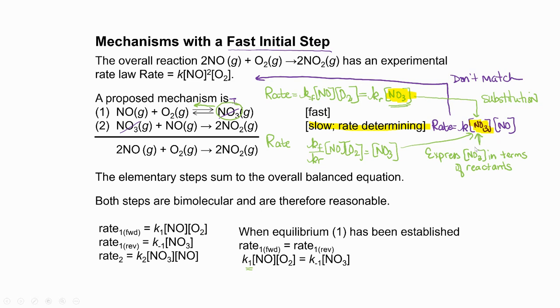Okay, so I'm going to try to get fancy and keep this NO3 in the green so you can see the substitution, and then keep the other one in purple. So rate equals K for the second reaction times NO3, that's going to be this green one here, all that.